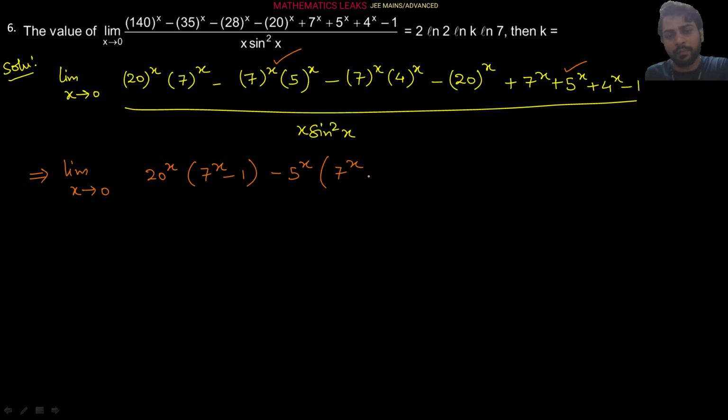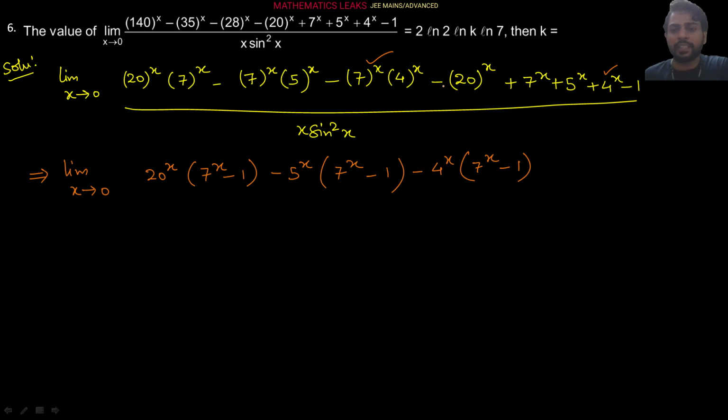And this is here minus of 1, since minus of 5 to the power x we are taking common, right? And similarly, from this one part and this one part, we can take common 4 to the power x. So minus of 4 to the power x common. So that will be 7 to the power x, and that will be minus of 1, right?